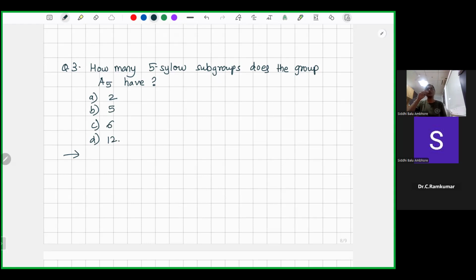This is the question. It is asking us about the number of Sylow 5 subgroups in A5.